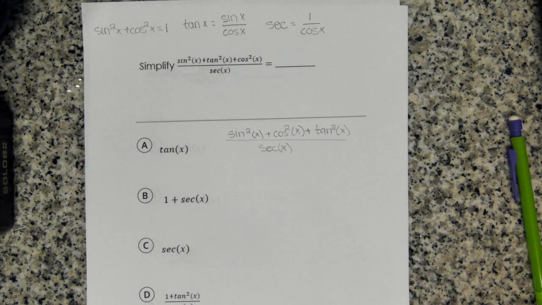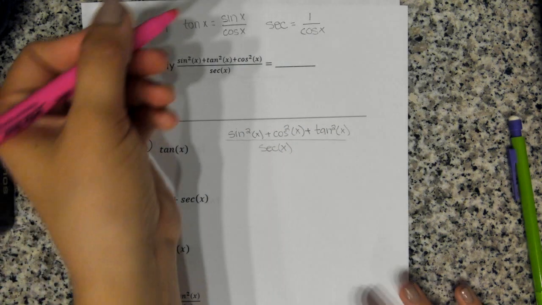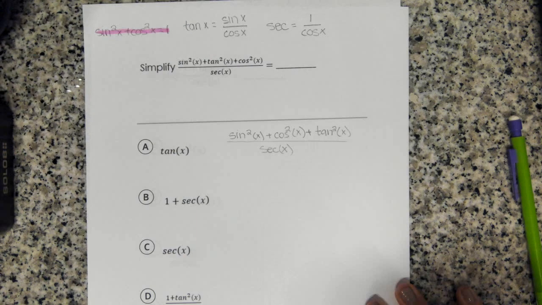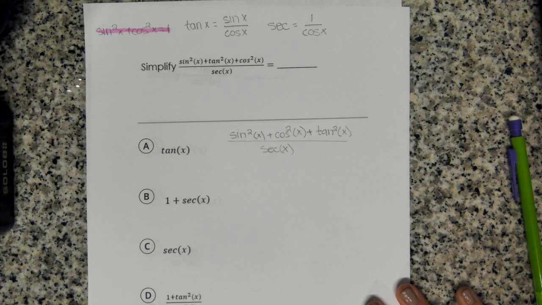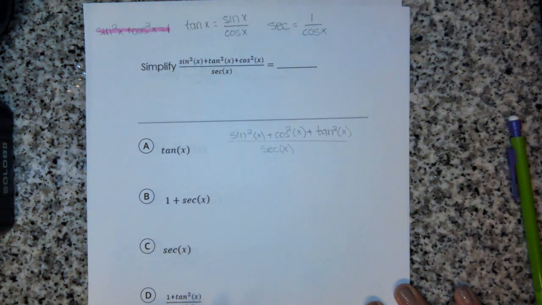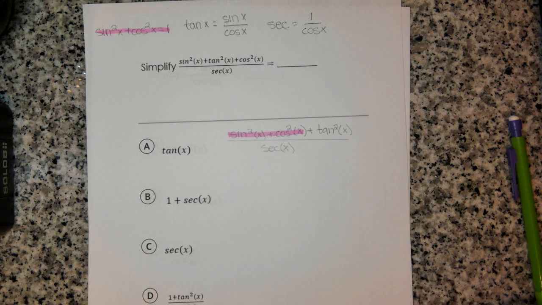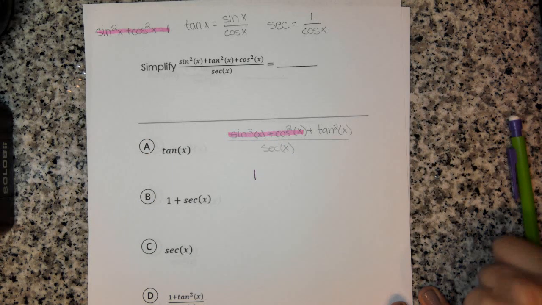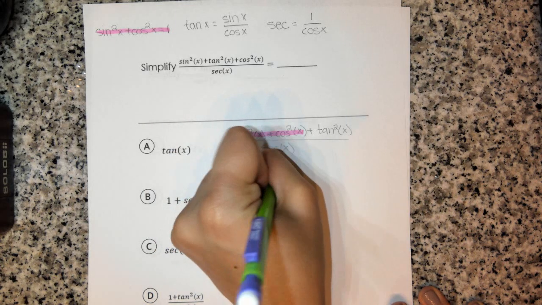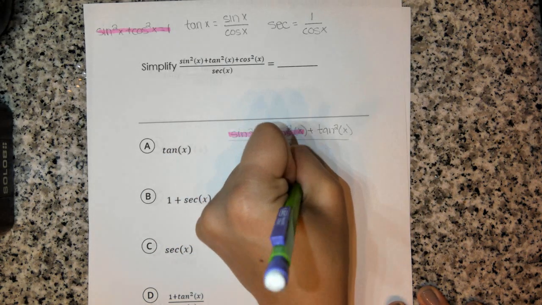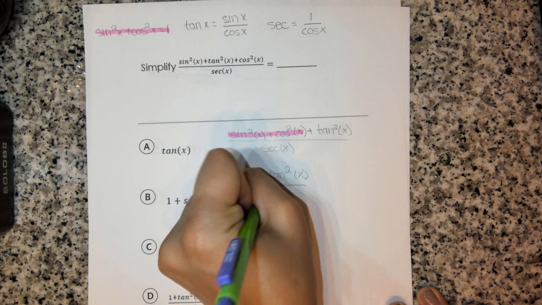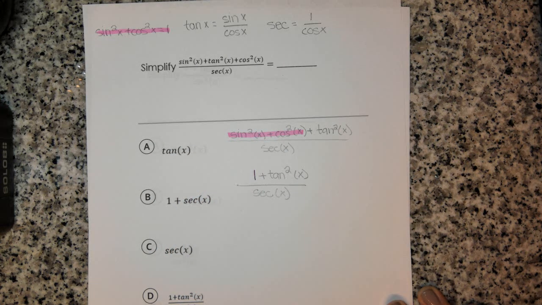Okay, so based on this first identity right here, I can substitute in 1 for sine squared of x plus cosine squared of x. So right here, I am going to replace that with the number 1. So I get 1 plus tangent squared of x divided by secant of x.